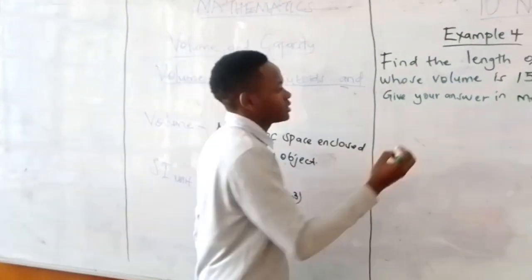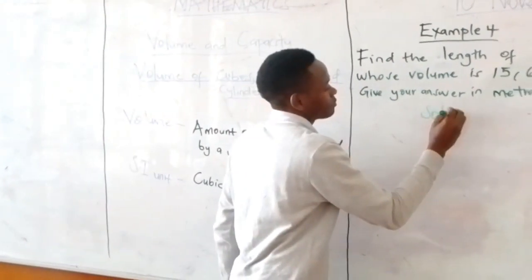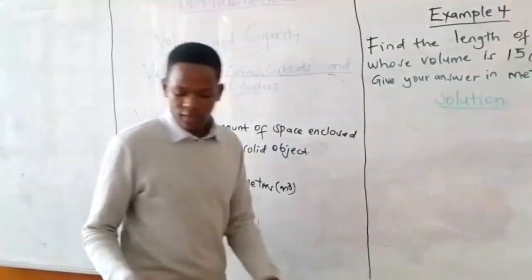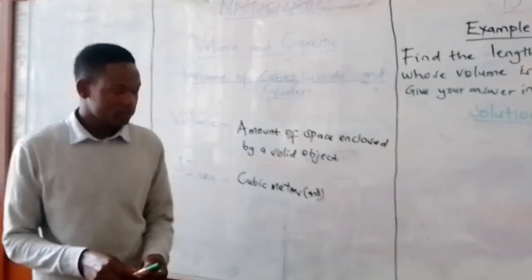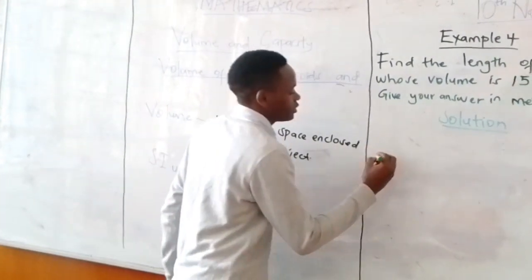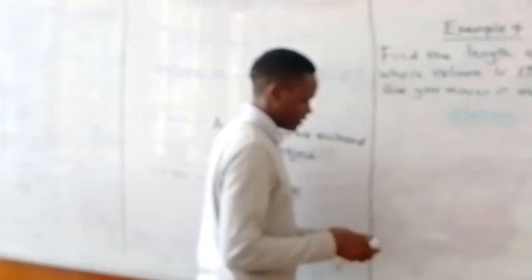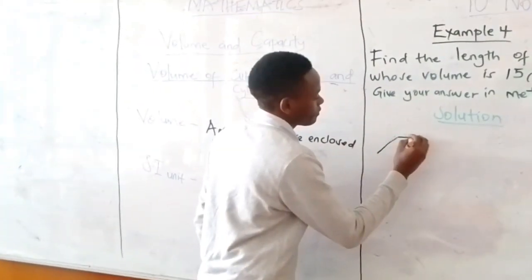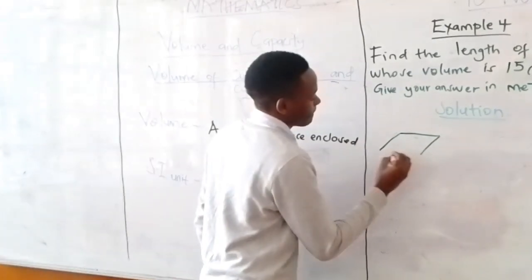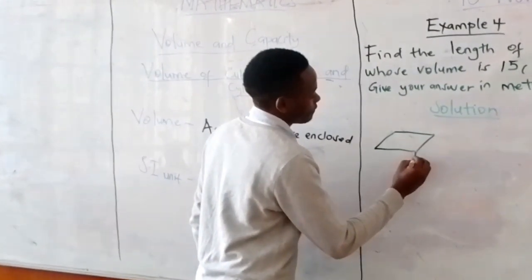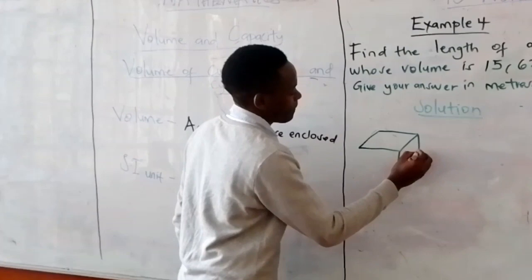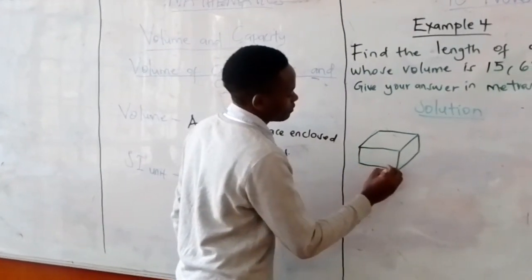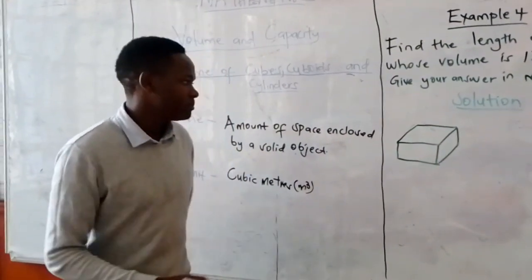Our solution part. Solution: first, draw a cube. All the sides are equal.